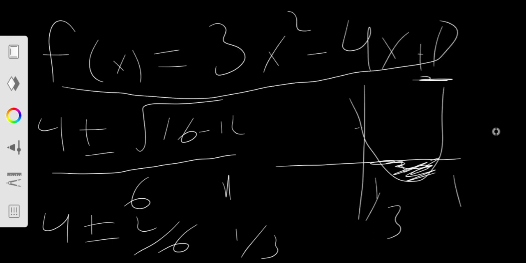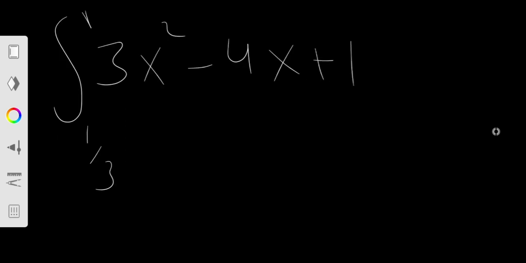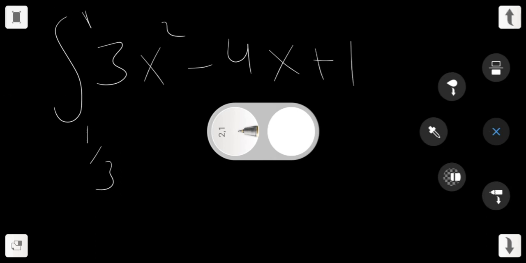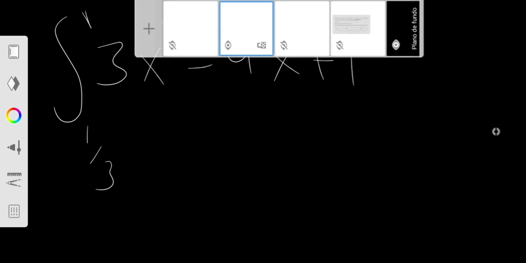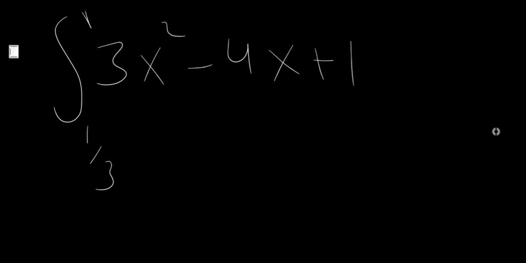And why did I think of drawing it? Because I wanted to find an area, and to find this area I needed to think of the space that I'm going to find. I needed to know this part over here of my integral, okay? So this is why I draw it, and I like to draw it. It's always useful to draw it, okay?